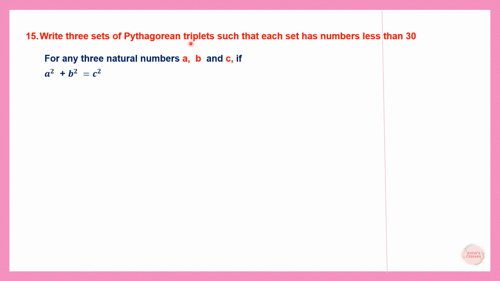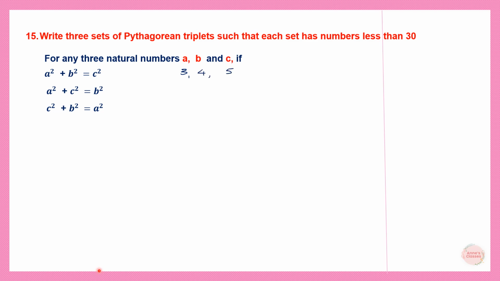So it can be a square plus b square is equal to c square. It can also be a square plus c square is equal to b square, or c square plus b square is equal to a square, depending on the numbers. Now let's take an example. Let's say a is 3, b is 4 and c is 5.